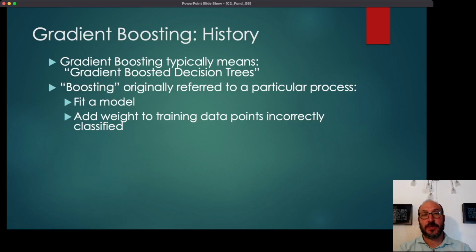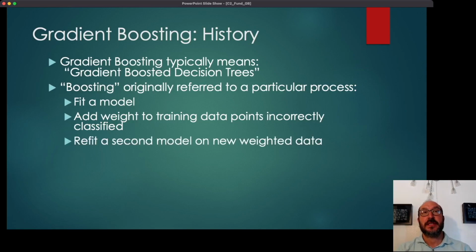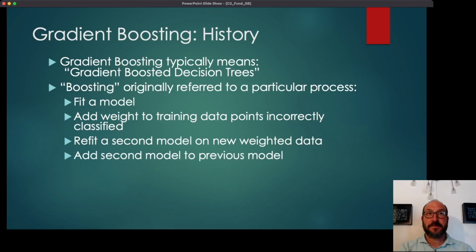So you'd look at which ones my model got wrong, and give more weight to those. Then you would refit a second model on this new weighted data. So you build the model again and say, pay more attention to these things that you got wrong last time. And then you would add the second model to the previous model. And you could repeat this process over and over again.